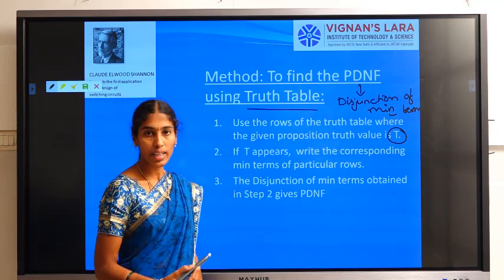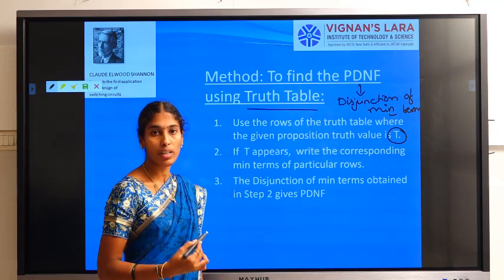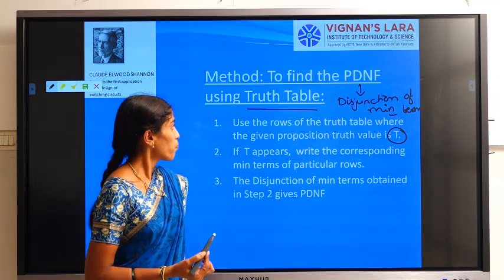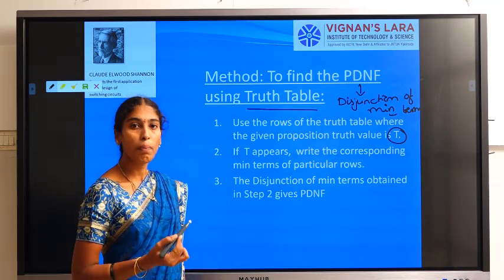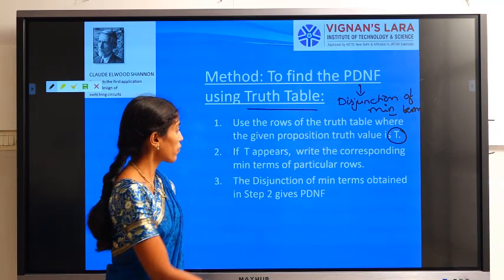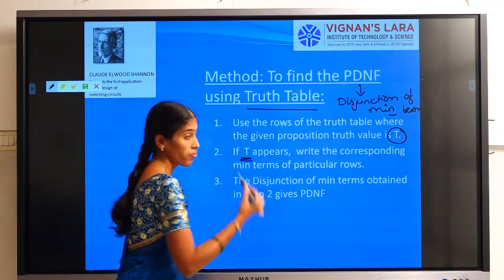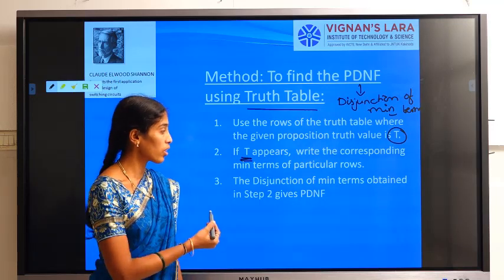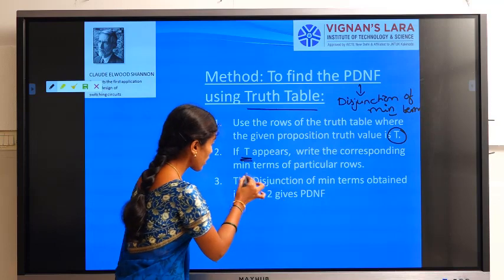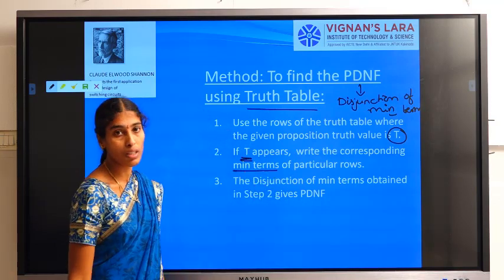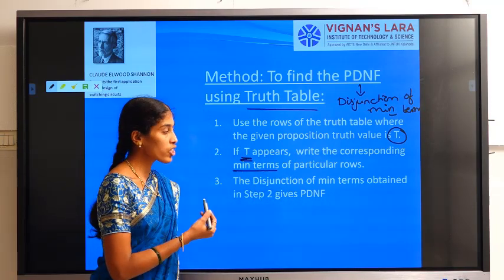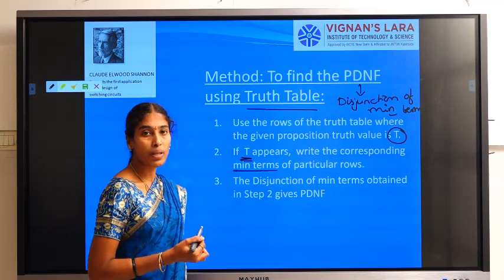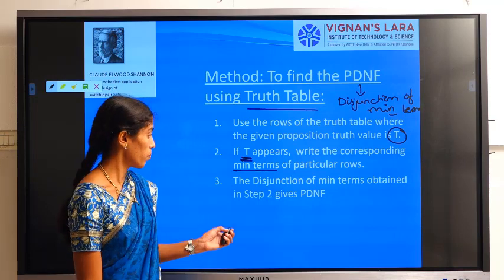We need to construct the truth table consisting of the given proposition's variables, and because it is PDNF, we use the min terms. Then if T appears, write the corresponding min terms of particular rows. The disjunction of those min terms gives us the PDNF, or principal disjunctive normal form.